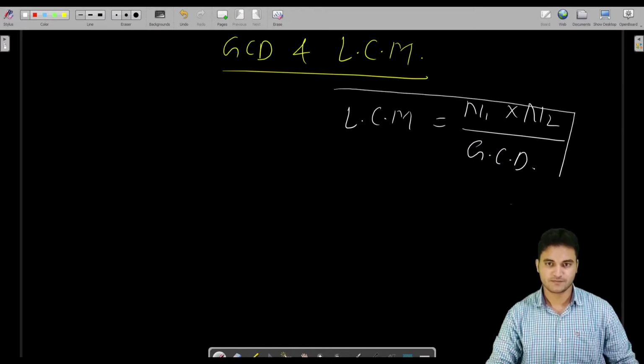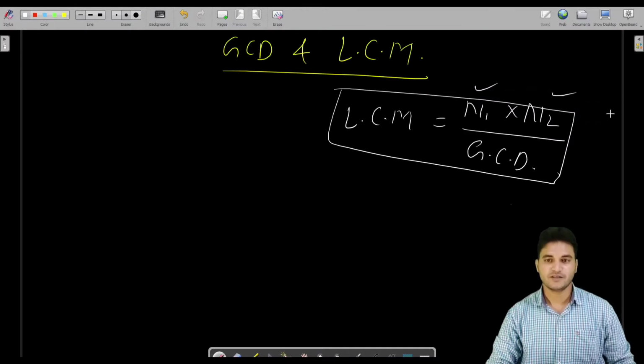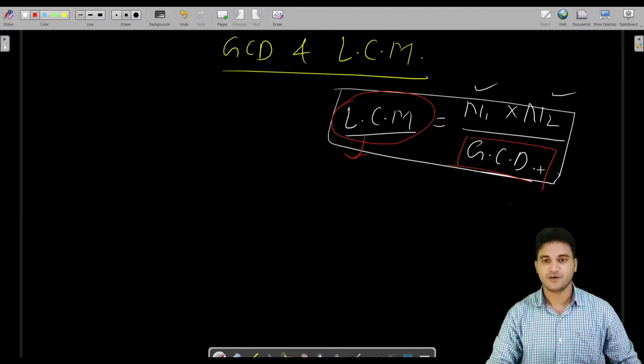Fine, so this is the formula. That means we would be provided these numbers, and we have to calculate LCM and GCD. If we calculate the LCM, then with the help of LCM we can calculate the GCD, or we can calculate the GCD and with its help calculate the LCM. So this is the logic which I am going to use.